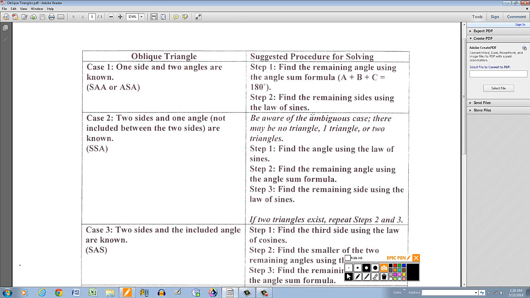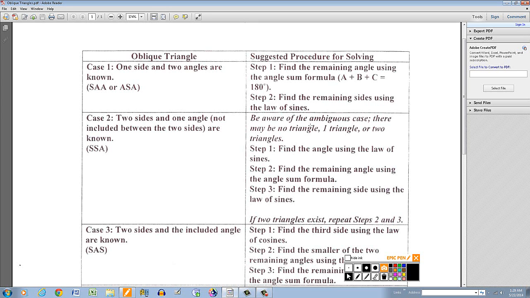Take, for example, 45 degrees and 135 degrees. If you take the sine of 45 degrees using your calculator, and you take the sine of 135, you're going to get the same answer. So that's going to be one of the clues that tells you what you're going to do.